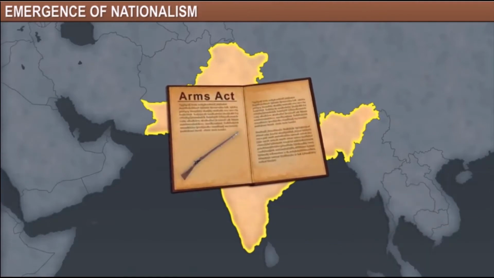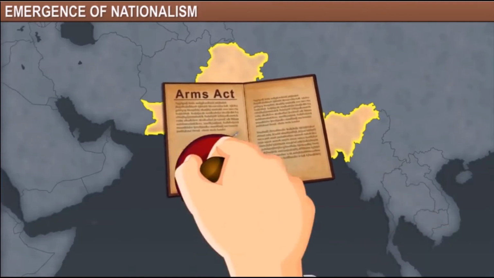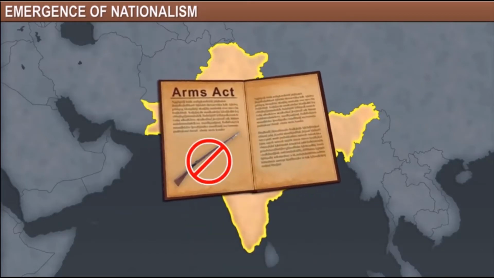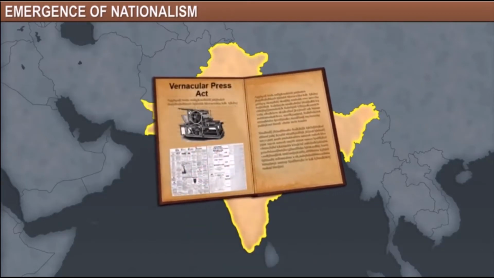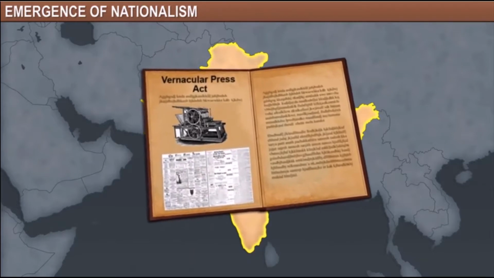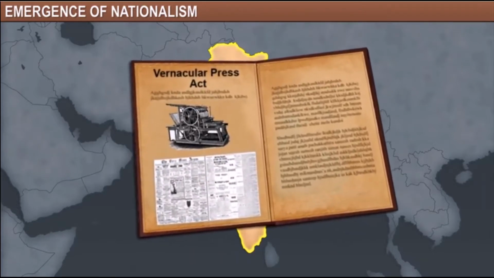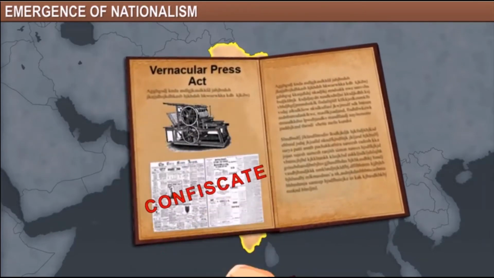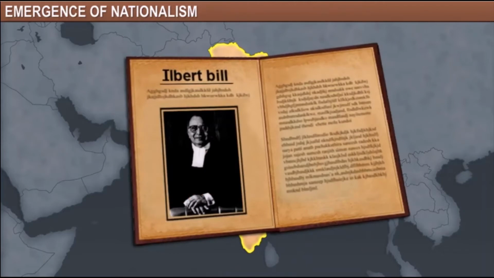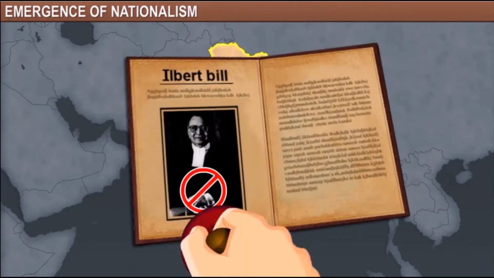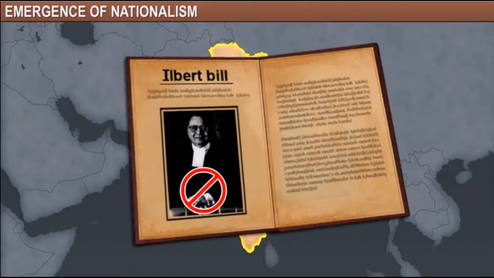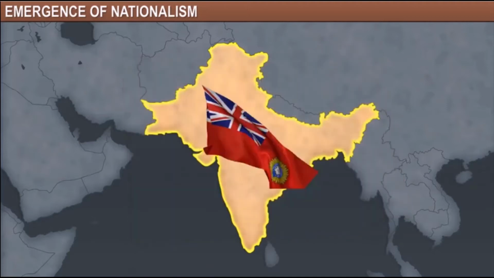The Arms Act of 1878 was passed that stopped Indians from owning arms. This was followed by the Vernacular Press Act, which allowed the British to confiscate the assets of any newspaper that wrote against them. The final straw came when the British opposed the Ilbert Bill, which allowed Europeans to be tried by an Indian court.